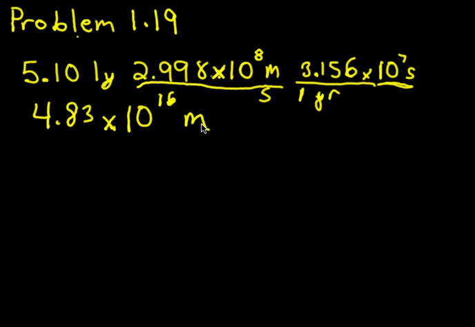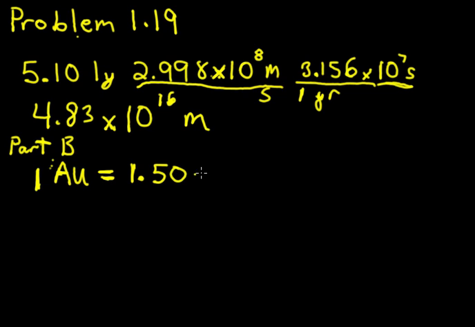Next I'm getting asked for part B: how many astronomical units there are. It's saying that 1 AU is equal to 1.50 times 10 to the 8th kilometers.